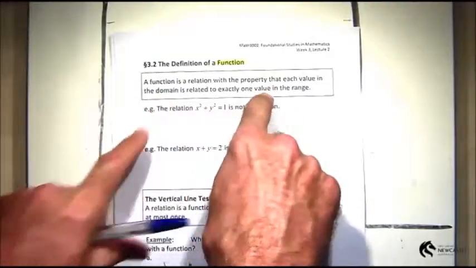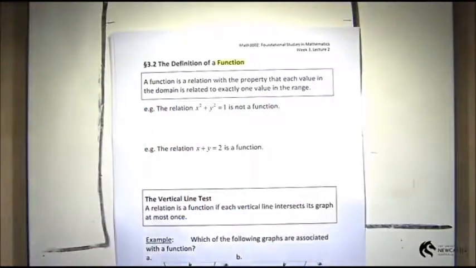Now, the reason we only want one y value is these functions are used to model a whole lot of things. And so models are used to predict what's going to happen. And if you're going to predict what happens, you only want one output. That's your prediction. If you've got more than one output, well, you can't tell which one's going to happen.